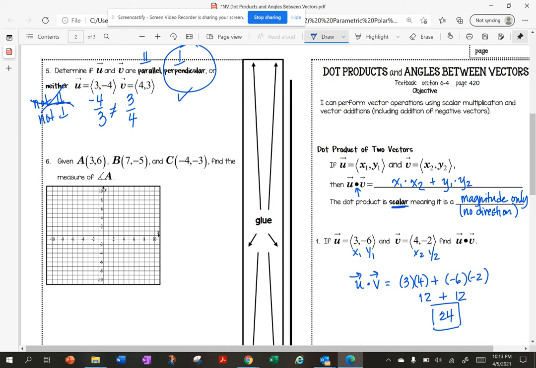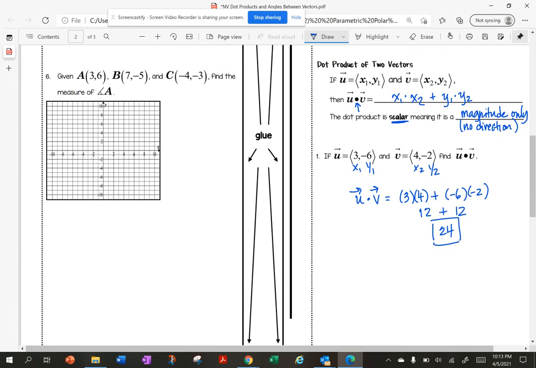Okay, 6. Given A is at 3, 6, B is at 7, negative 5, and C is at negative 4, negative 3. Find the measure of angle A. So these are not vectors, and I know that. They're points because of the symbols. I have parentheses, not those pointy brackets.